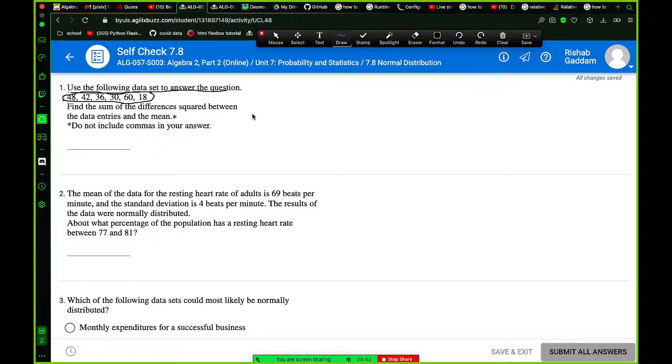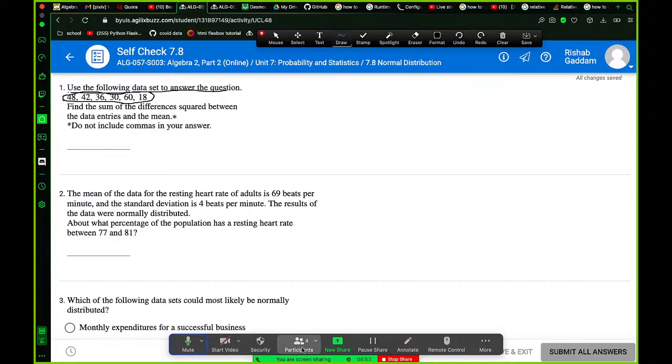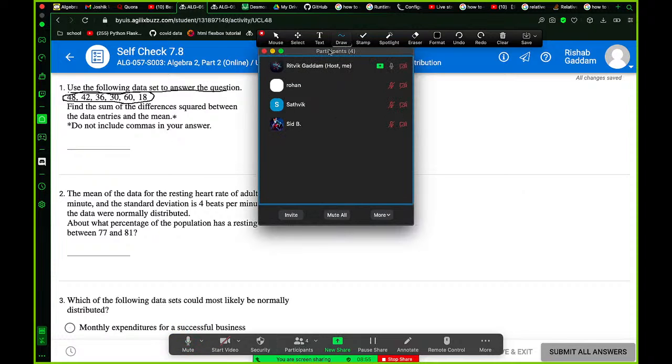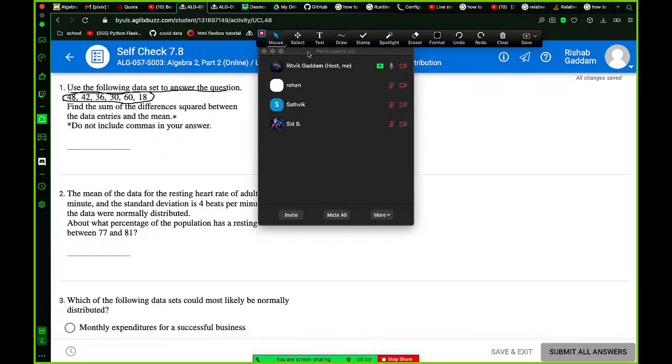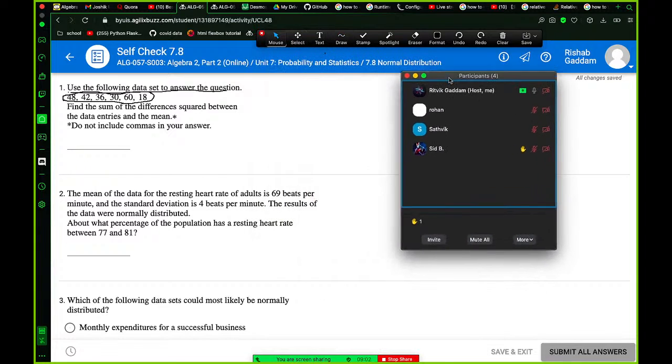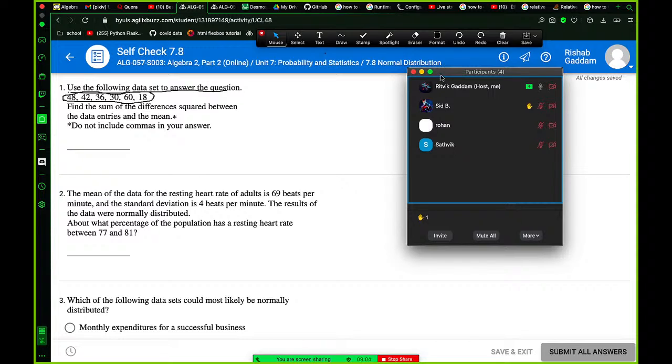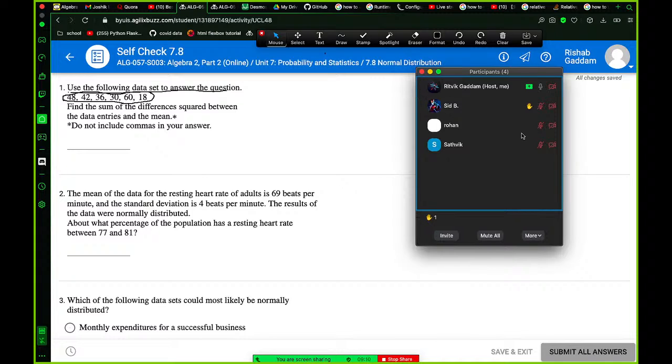So basically it's asking you to find the sum of the stuff. So I'm going to bring up the participants list. If you want to do this one, raise your hand in the chat. It seems like Sid wants to do this one, so you can take this one.